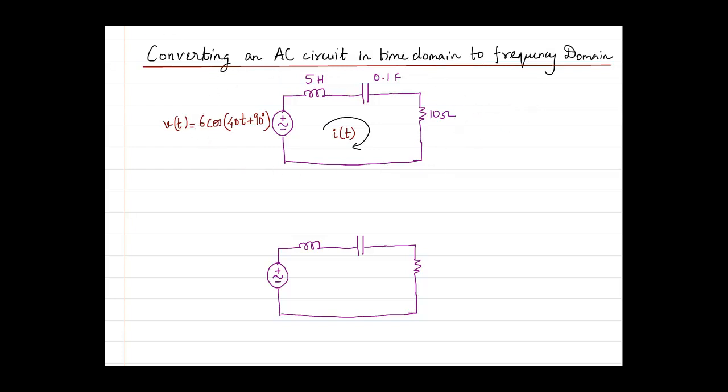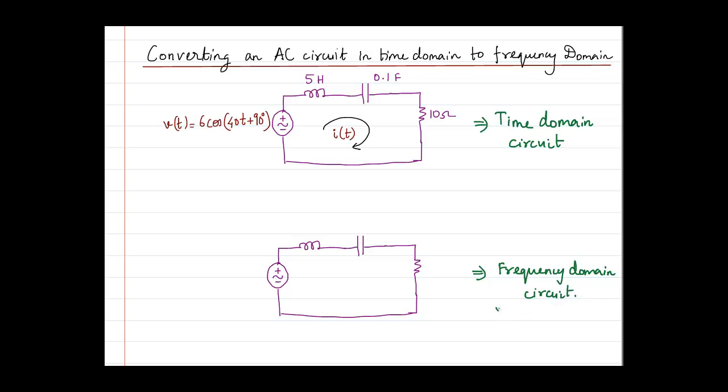So here what you have got is basically the time domain circuit. And this we are going to convert into something that is called the frequency domain circuit, where everything will be written in complex form.